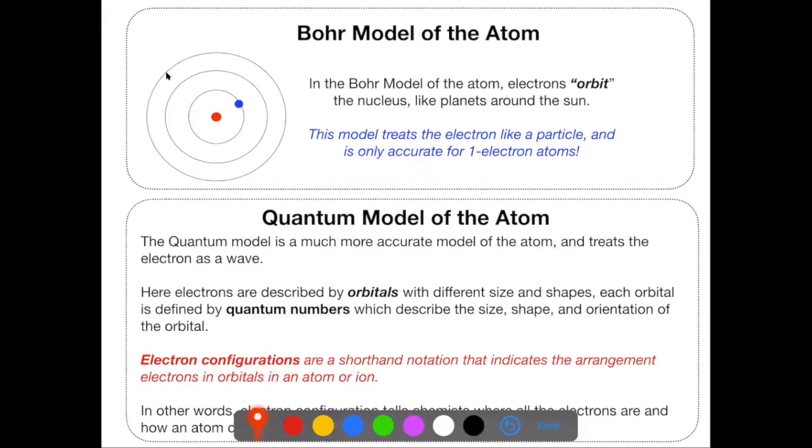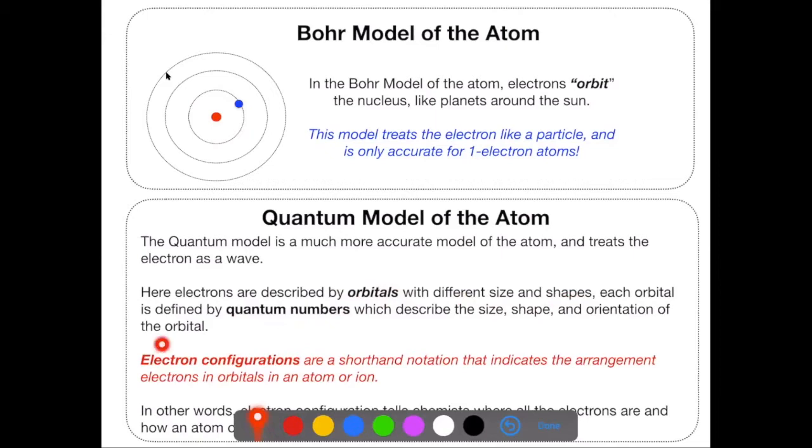In this model, electrons are described by orbitals. Again, that word orbital comes from Bohr, but now we're going to see orbitals can have different sizes and different shapes. Each orbital is defined by what's known as quantum numbers, and these quantum numbers describe the size, shape, and orientation of an orbital.